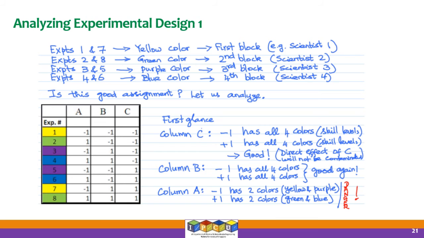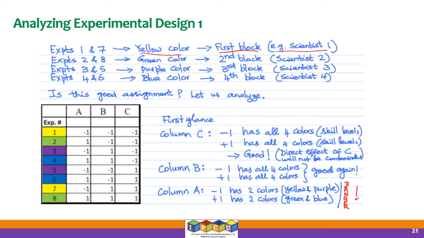Now, let's analyze experimental design 1 first. As already stated, experiments 1 and 7 constitute the first block, or block 1. The color used here is yellow, and the first block is assigned to scientist 1.